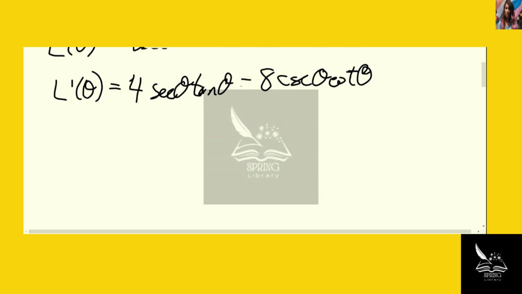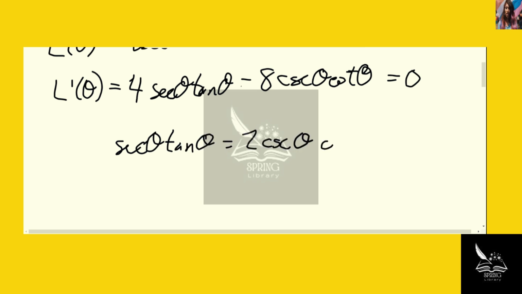I will set this equal to 0. And so we have that secant theta times tangent theta equals 2 cosecant theta cotangent theta.